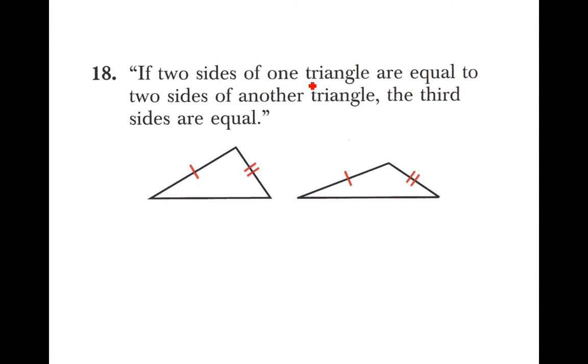Is it true that if two sides of one triangle are equal to two sides of another triangle, the third sides are equal? Well, here you can see two sides here. Here you see the same two sides over here. And all they did was swing this one out a little further before they connected it. And clearly those triangles are not congruent. What's the mistake there?